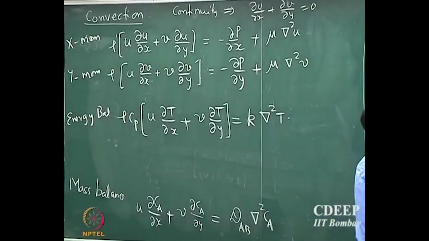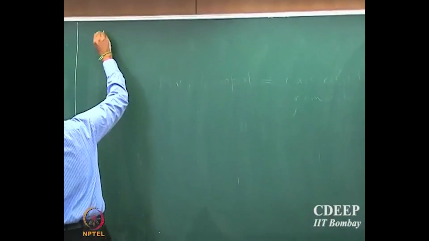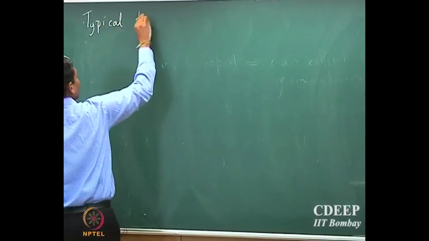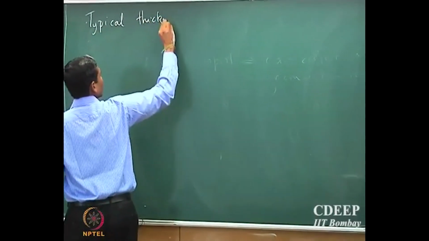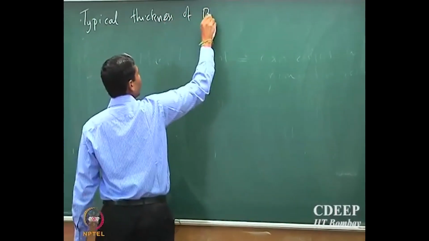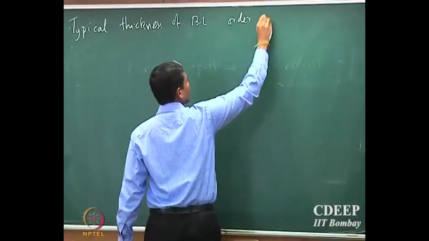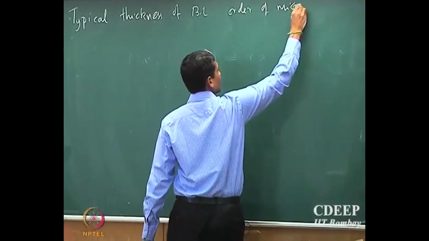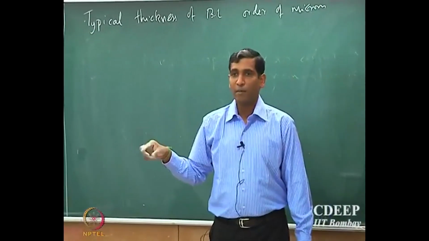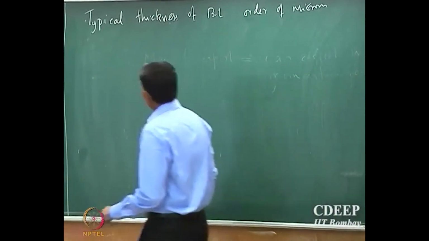So the next thing we are going to do: the typical thickness of the boundary layer is on the order of microns. That is the typical thickness of the momentum, heat and mass transport boundary layers.